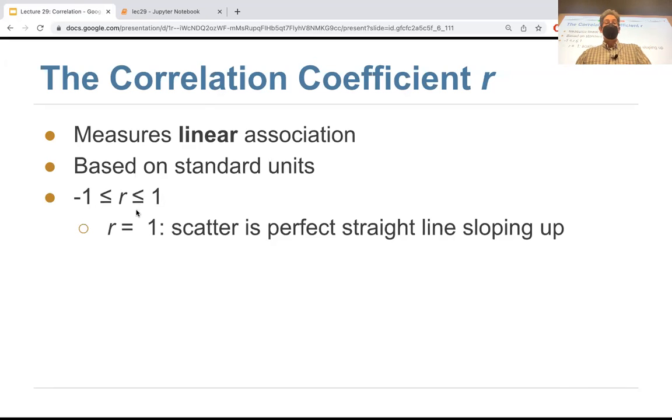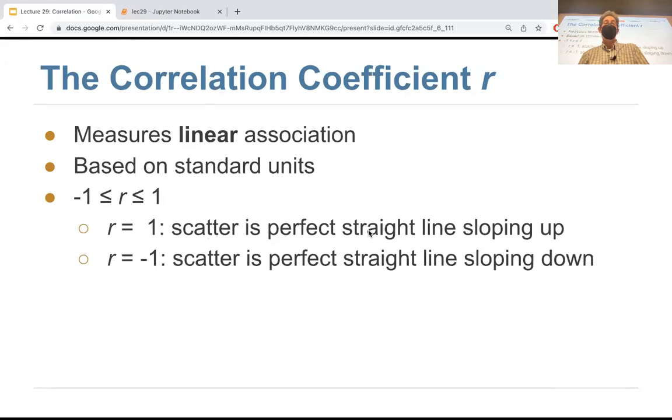And here's what it means. When R is 1, then there's no noise in the scatter plot at all. It's a perfect straight line, meaning that every single data point in your data set has to fall exactly on the line with no deviation from the line. So if you can't draw a line that perfectly goes through all of the dots in your scatter plot, then you don't have an R of 1.